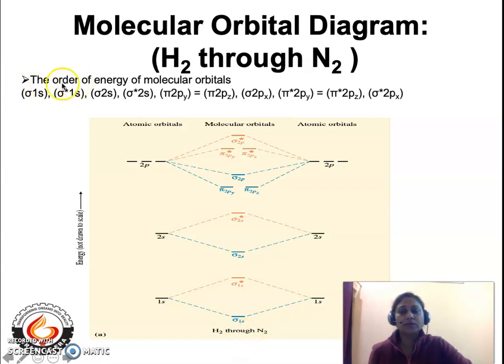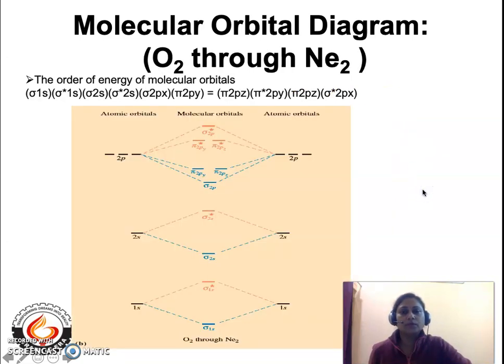You can also write the order of energy of the molecular orbitals in this fashion: sigma 1s, sigma star 1s, sigma 2s, sigma star 2s, pi 2py equal to pi 2pz, sigma 2px, then pi star 2py equal to pi star 2pz, and last is the sigma star 2px.